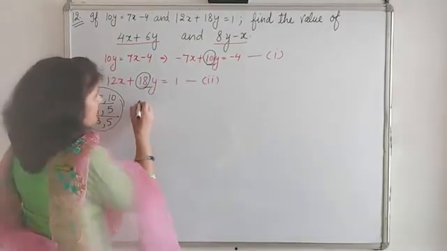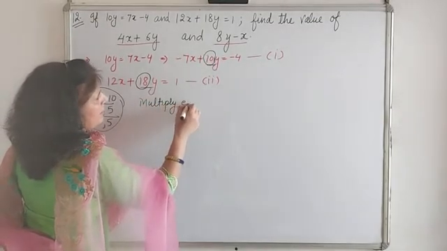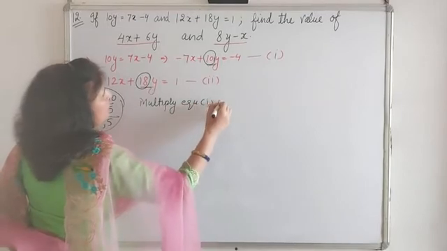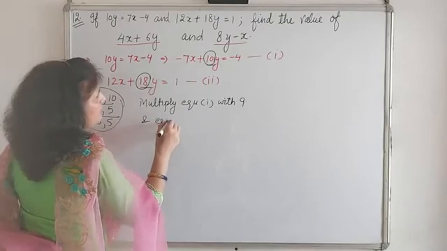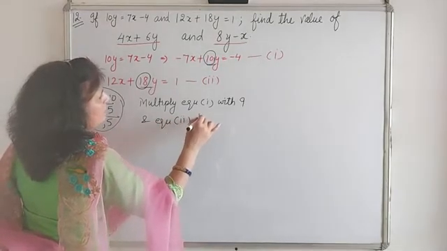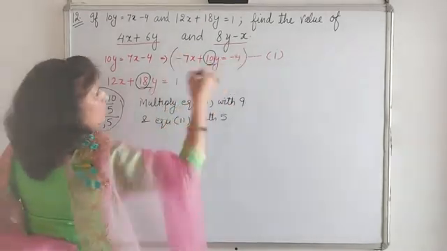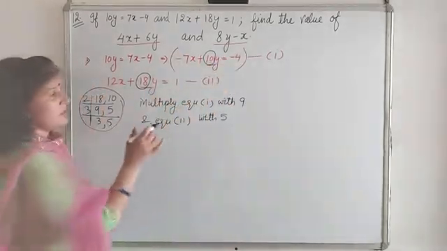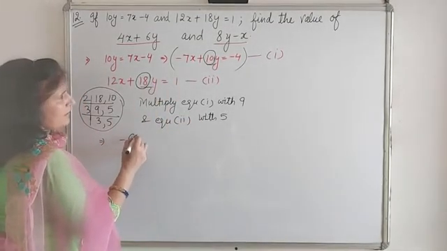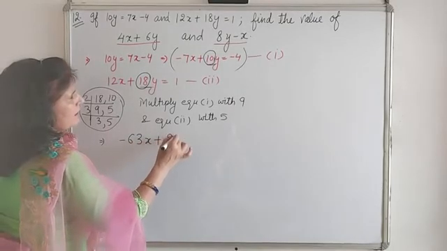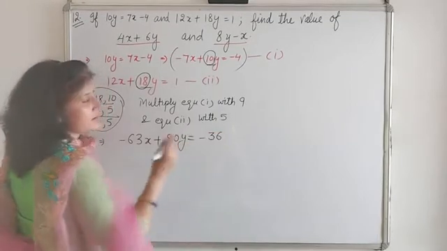So multiply equation first with 9 and second with 5. If you multiply by 9 here, all the three terms by 9. 9 sevens are 63. 9 tens are 90. 9 fours are 36.